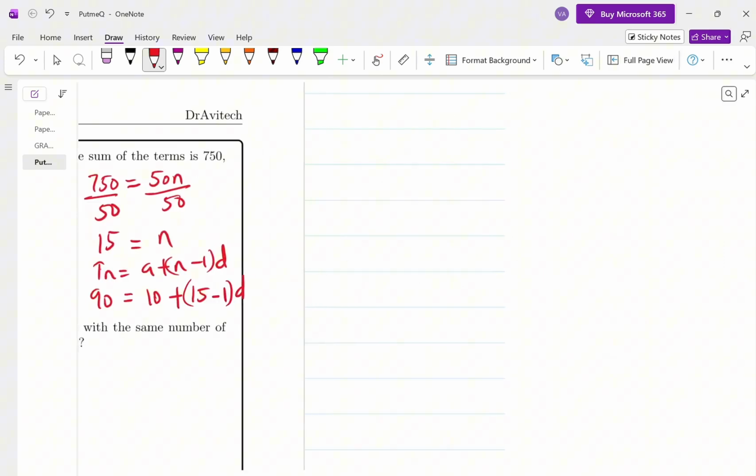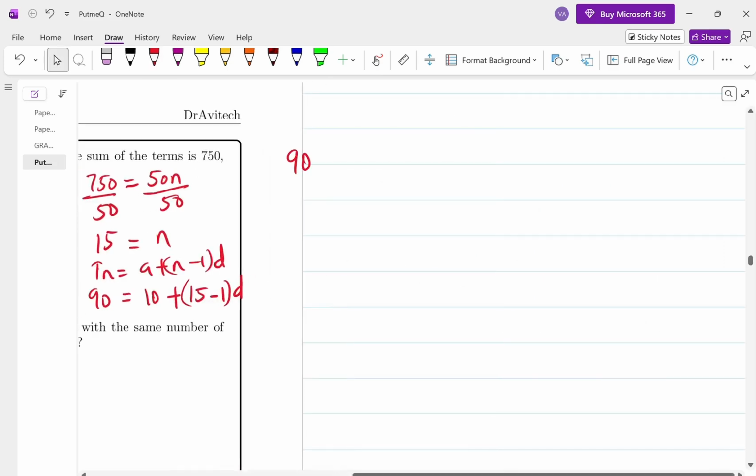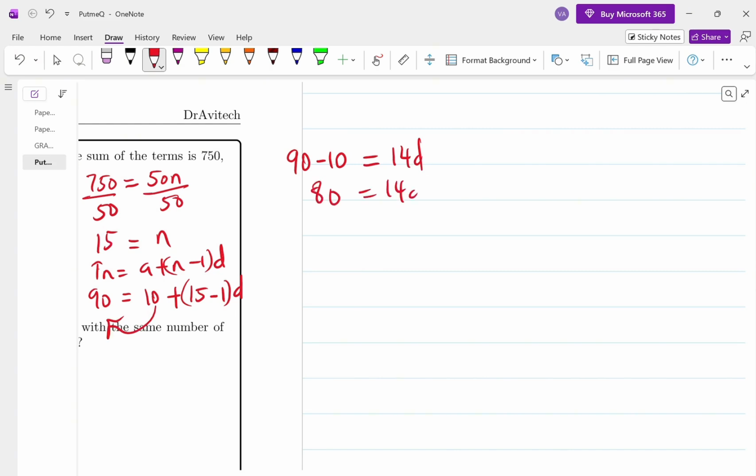So next, 90 take away 10 is equal to, 15 minus 1 is 14, so 14d. I took this 10 to the other side. 90 minus 10 gives 80, equal to 14d. To get d, we divide both sides by 14.